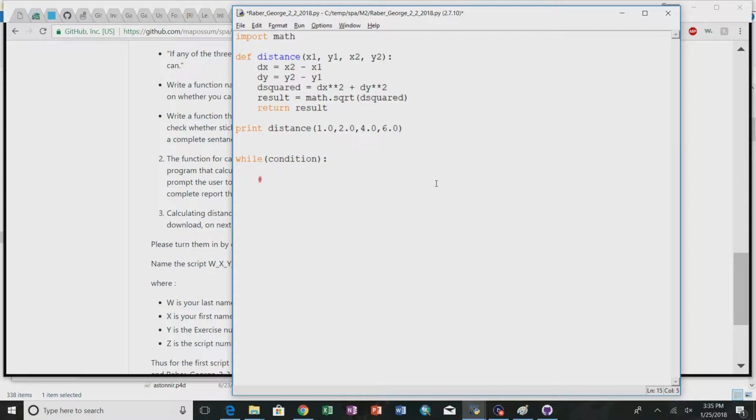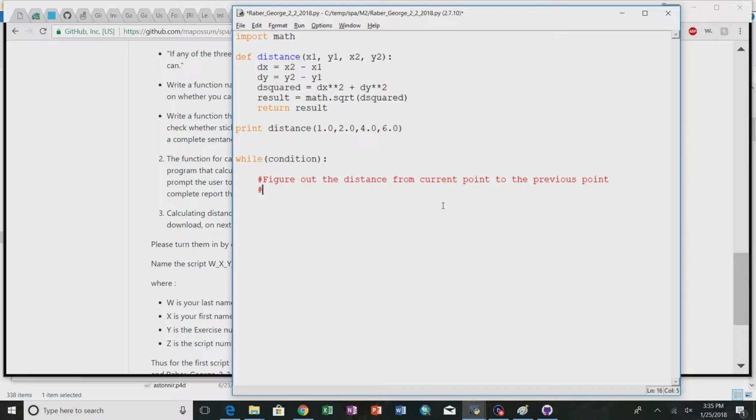I mentioned that we need to figure out the distance from the current point to the previous point. That's one of the things that we need to accomplish inside of the script, inside of the loop. Okay?